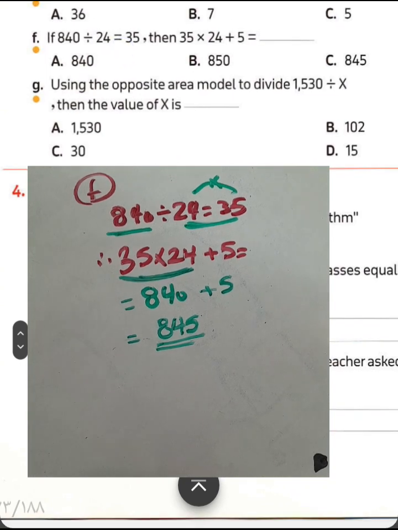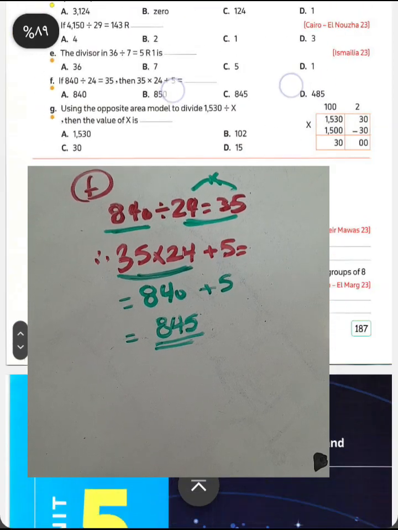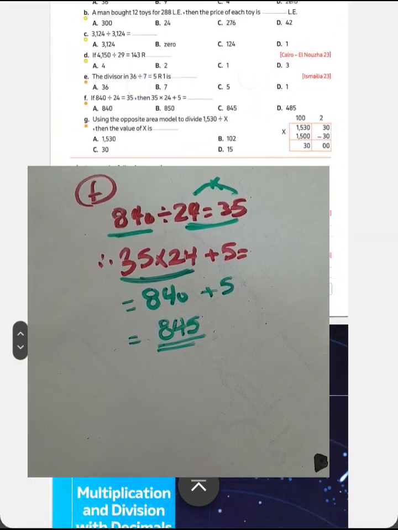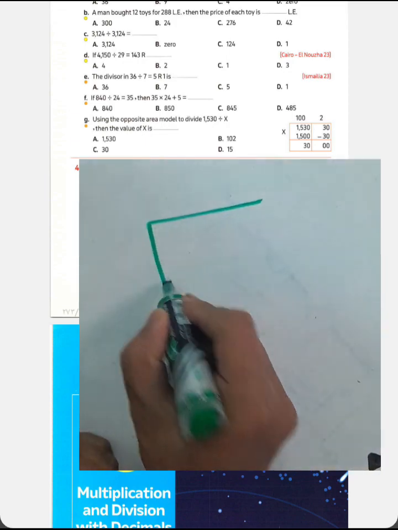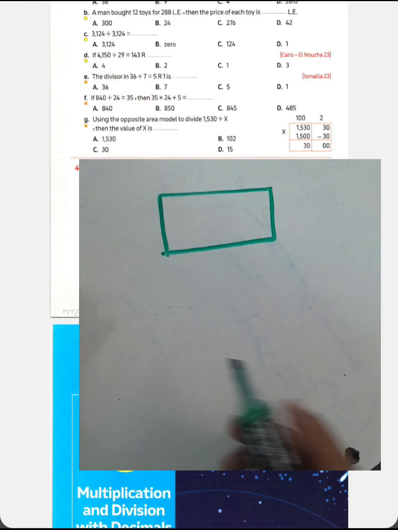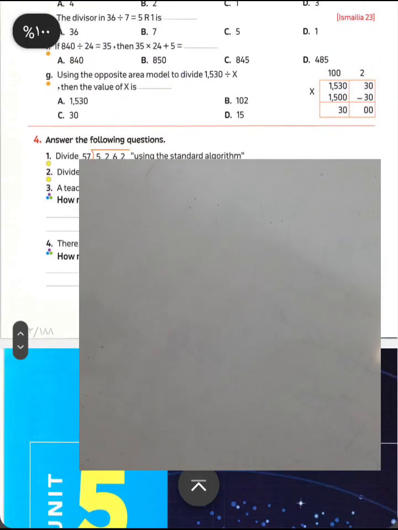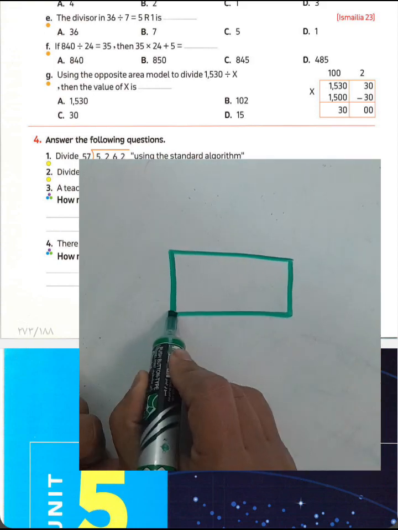Question letter G: using the area model to divide, 1530 divided by x, find the value of x. Look with me at the area model here. We have the table.